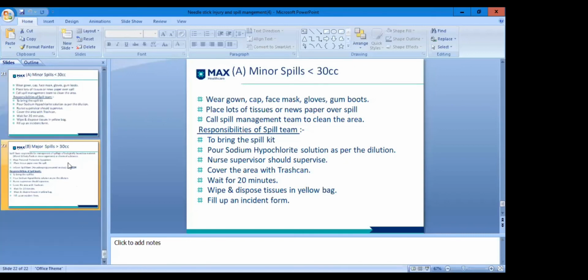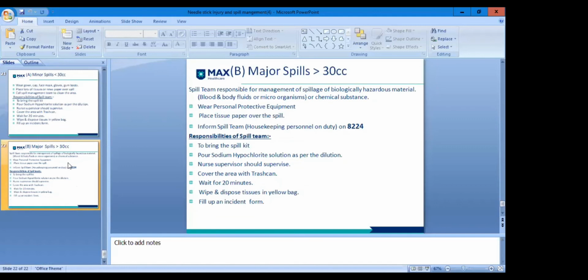For major spills, there's usually a spill team involved. We have a central number, in my case 8224, but you can define your own way of handling a major spill. Usually a housekeeping supervisor or housekeeping head should be involved in major spills.